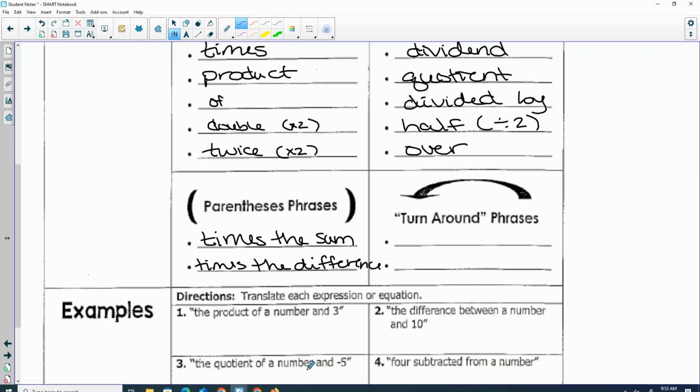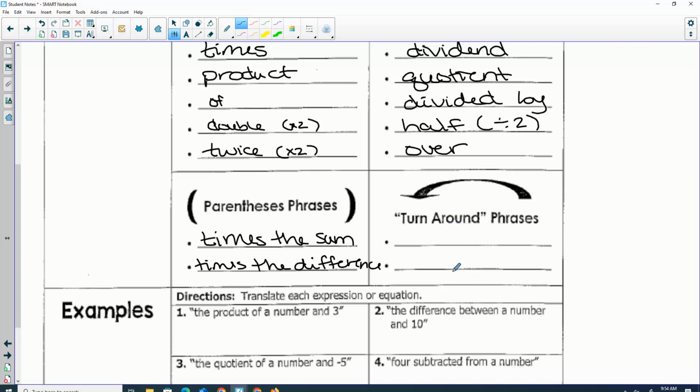There are also a couple phrases that we have to watch out for because they tell us we have to switch the order. If I said you have 5 less than me, are you going to do 5 minus something or something minus 5? Something minus 5.